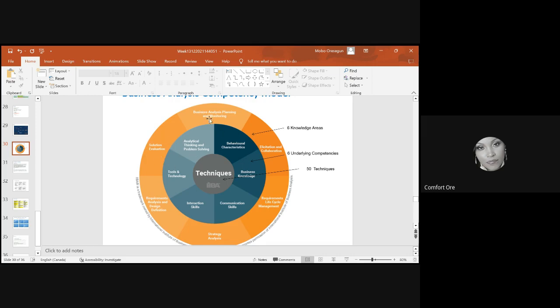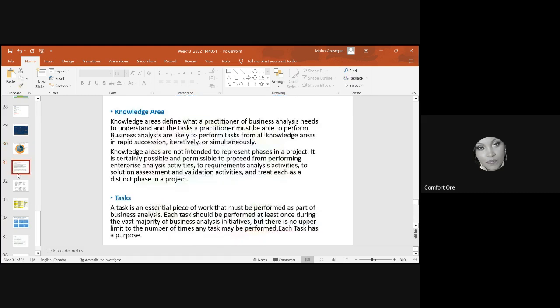So we don't start planning and then elicit and go around this circle. But we can start from anywhere, to be honest. But usually we start from here where there's a problem. Any question? Okay, so this knowledge area is covered.